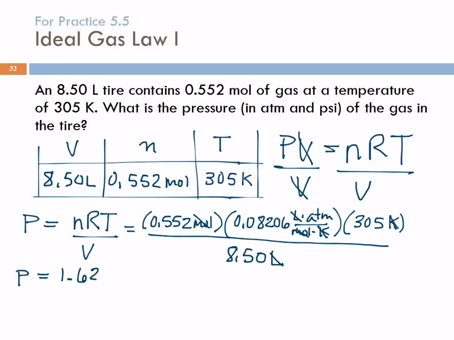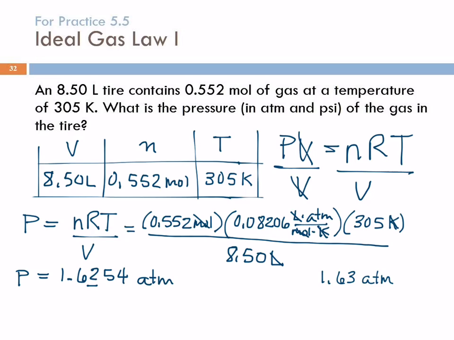So 1.62, there's my 3 sig figs, 54 atmospheres. It also wants this in PSI, so I need 2 answers. So my first answer is 1.63 atmospheres.